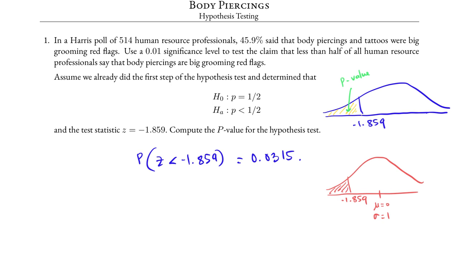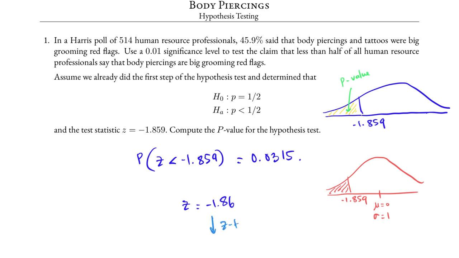If we were to use a table, recall that in the table, the z-values or the z-scores are rounded to 2 decimal places, and so we would have to use z equals negative 1.86, where we rounded negative 1.859 to negative 1.86, and we proceed with the table. And with the table, the value is slightly different.